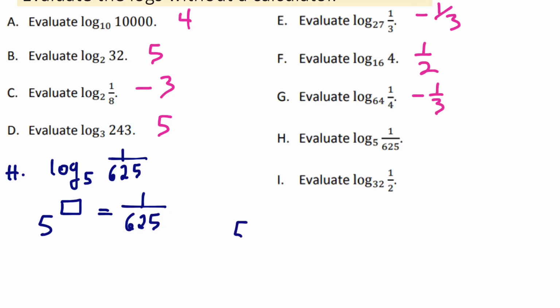So I've got 5 times 5 is 25. 25 times 5 is 125. 125 times 5 is 625. So that's 5 to the 4th power gives you 625. So this would have to be a -4 here to get the 625 in the denominator. So the answer is -4.